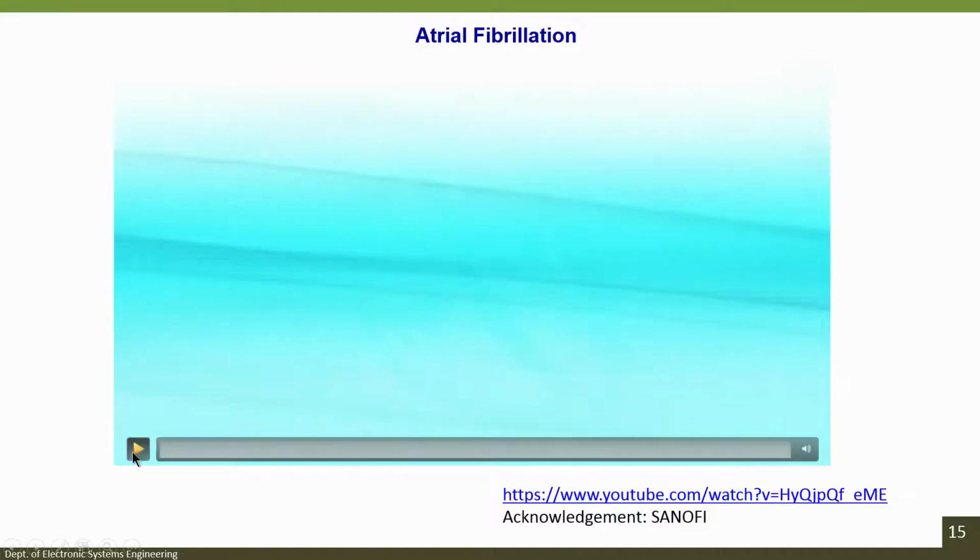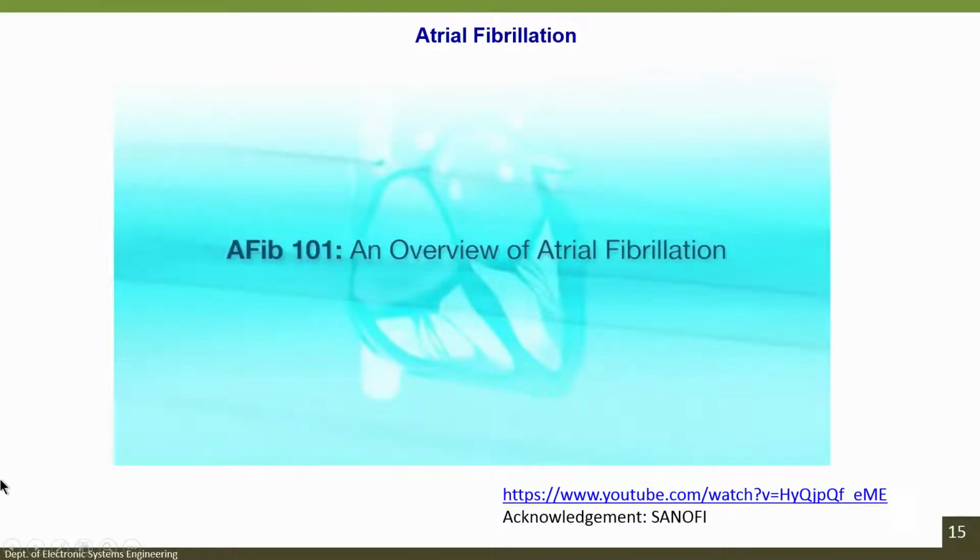That is why I am showing you these slides, to help you understand what atrial fibrillation is, how it is cured, what kind of electronic system we can design integrating the op-amp component, and also how to design a sensor that can help make the surgery better. Alright, so that is our idea. If you see this slide, I will play the atrial fibrillation video so that you can understand what exactly we are talking about.